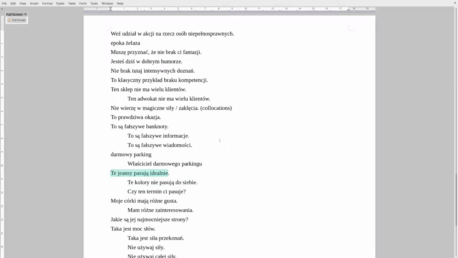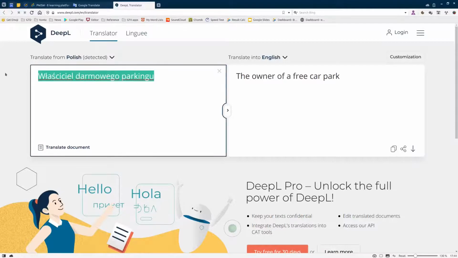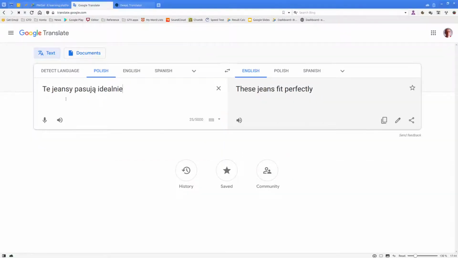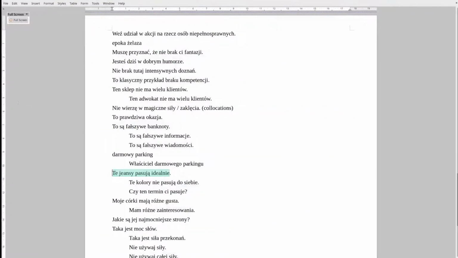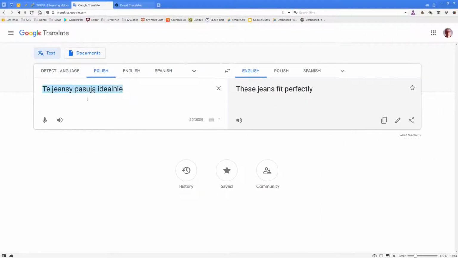Ok, te jeansy pasują idealnie. These jeans fit perfectly. The same translation here. Or, and this is actually better, these jeans are a perfect fit. Te kolory nie pasują do siebie. So now we've got colors.